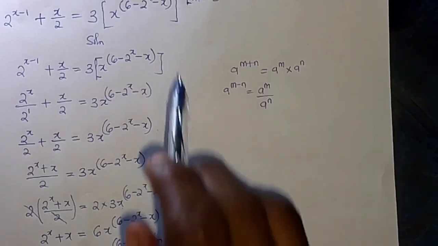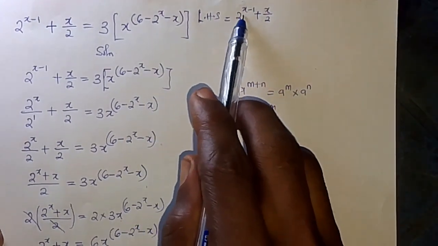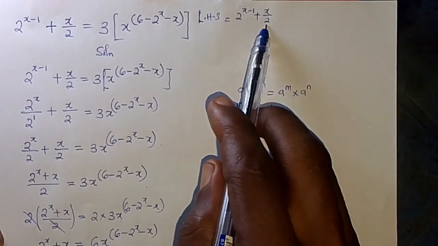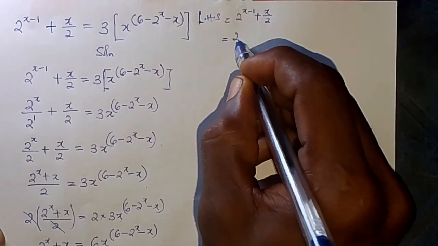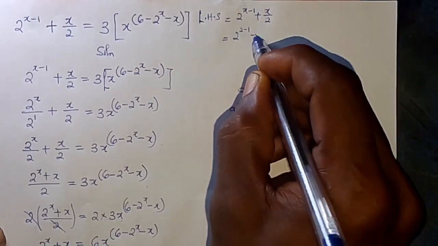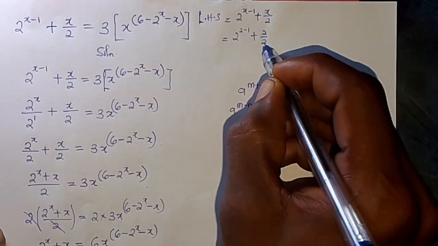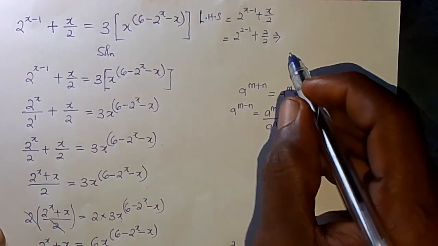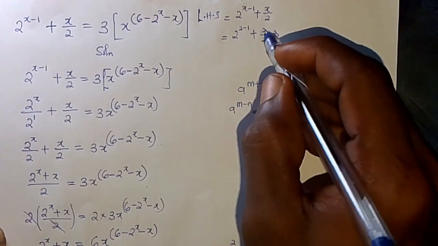So we are now having that the left hand side of this equation equals 2 to the power of x minus 1 plus x divided by 2. If we substitute for the value of x, which is 2, then we are having 2 to the power of 2 minus 1 plus 2 divided by 2. We know that 2 divided by 2 is 1. So 2 to the power of 2 minus 1, this is 2 minus 1, and that becomes 1.